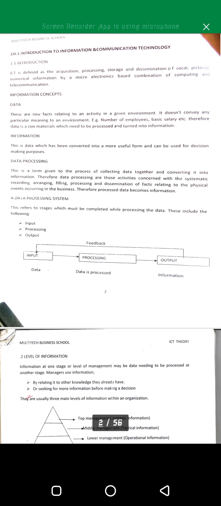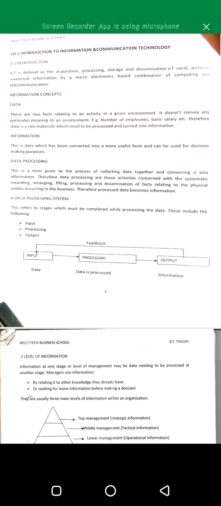And then information concepts. We have data. How do we define data? Data. These are raw facts relating to an activity in a given environment.